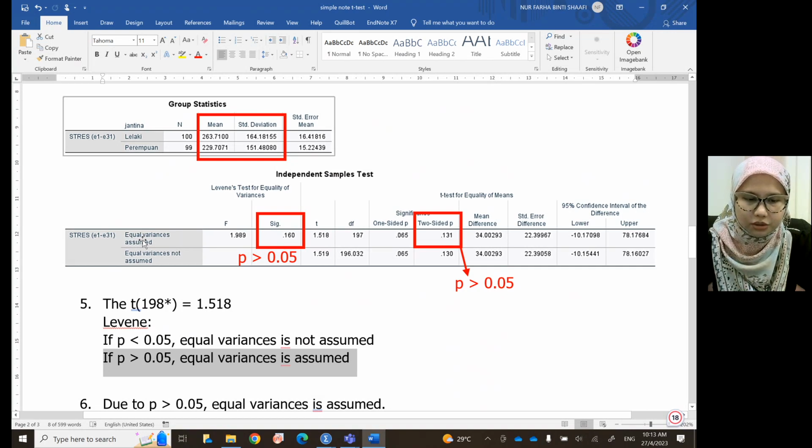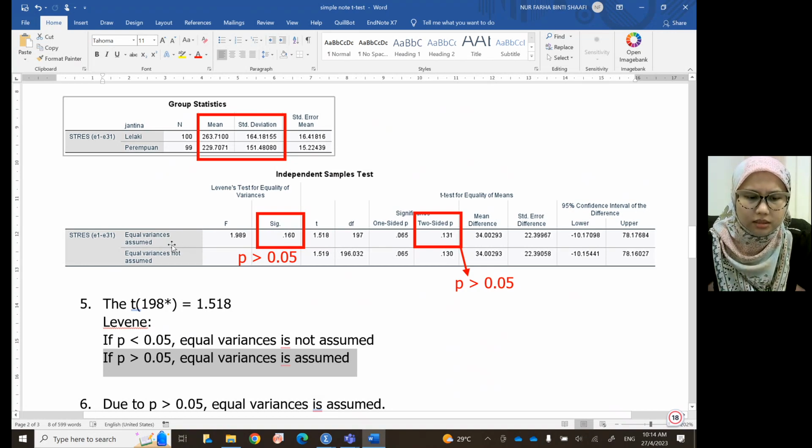After you choose this one, you need to look at the significance value at two-sided P on the top, 0.13. This is the significance value you need to look at, not the bottom one. Why? Because you chose equal variance assumed.